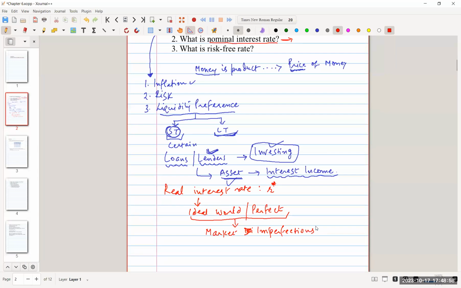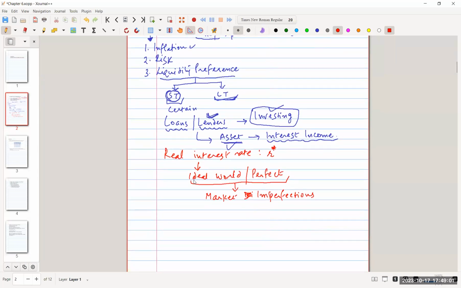Right? What can be examples of market imperfections? So, for example, there are no taxes. There is no inflation. No one has any liquidity preference, so long term is just as equally desirable as short term. Because the world is fair and square, there is no raw deal there for anybody.